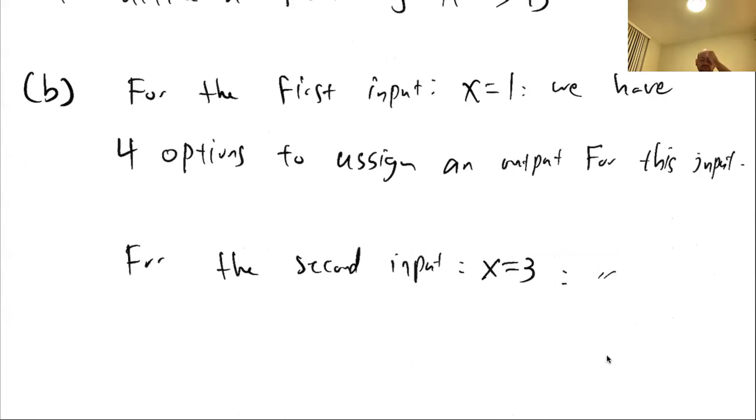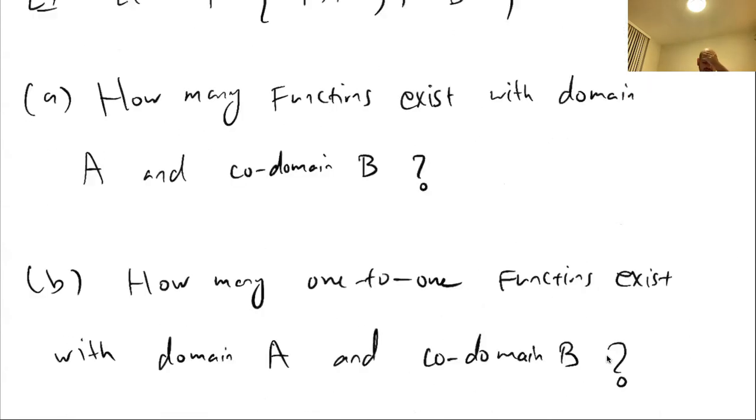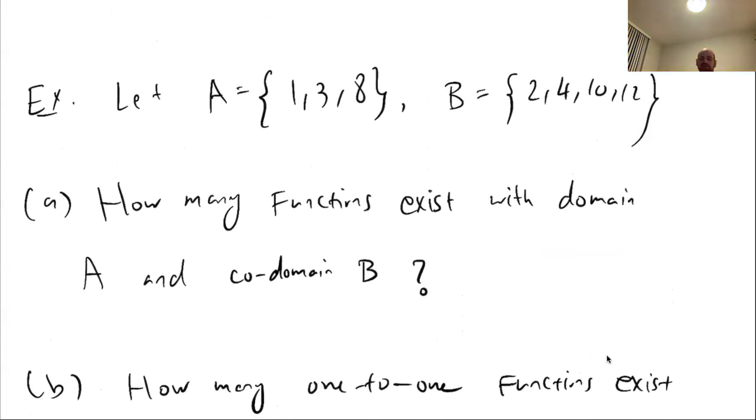See, for the first input, one number has been already chosen as an output. Let's say 2 has been already chosen as an output of the first input, which is 1. Then for the second input, I cannot choose 2 anymore, because for a one-to-one function, you are not allowed to have a repeated output. So if 2 has already appeared as an output once, it's not allowed to appear as an output a second time.